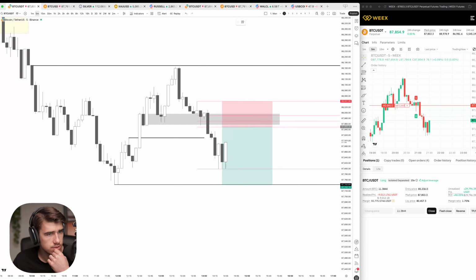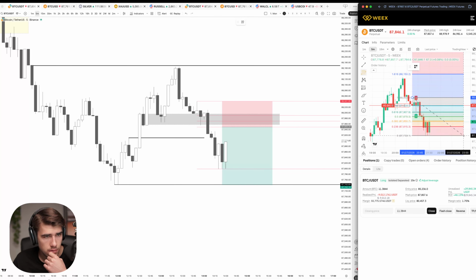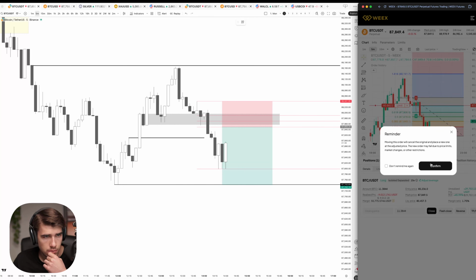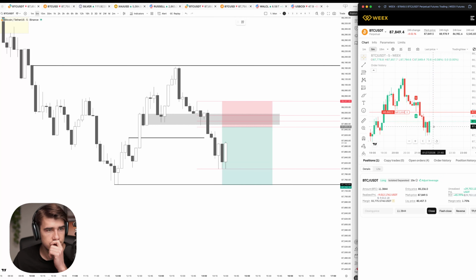It's just not the same at all from exchange to exchange. So we're going to have to change this around a little bit. Binance is just miles different compared to WeX, but it is what it is.